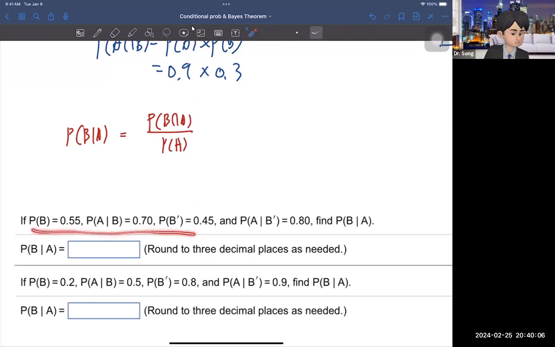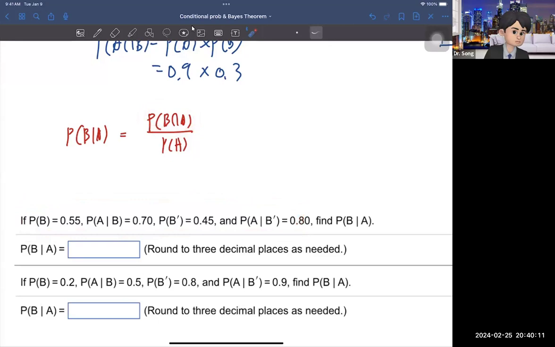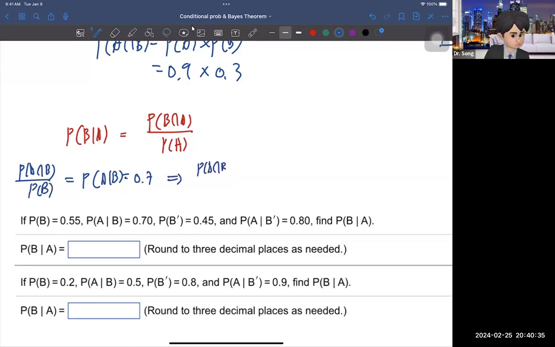Then you go back to the question. Do we know the probability B intersection A? No. Do we know the probability A? No, it's not given, but we need to figure it out. So first of all, we can find the probability B intersection A by using these two. How? Well, probability A given B, which is 0.7, is the same as probability A intersection B over probability B. Then here, probability A intersection B over probability B is 0.7.